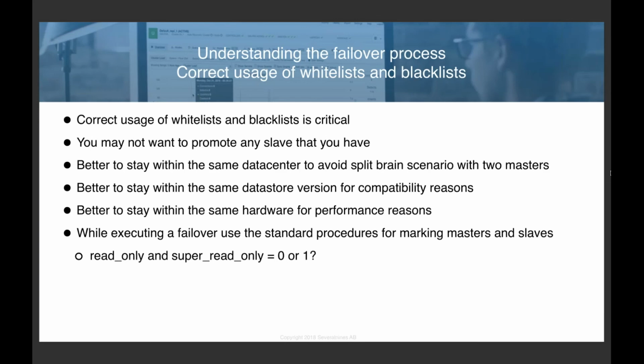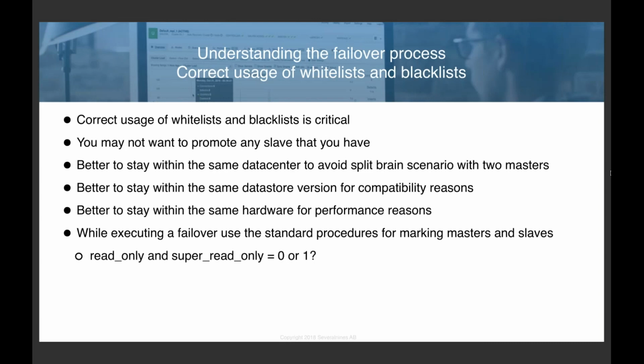Whitelist and blacklist, you need to use them basically. That's a tool for you to make sure that you don't promote just any slave, as I started to say on the previous slide. You want to have the most advanced slave, but not every slave will work.